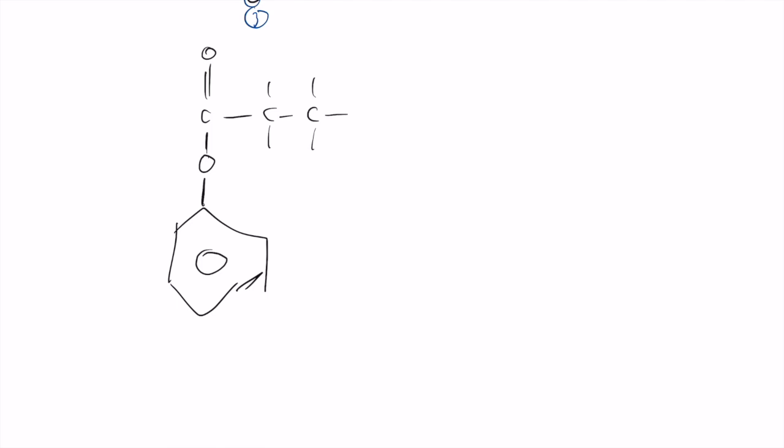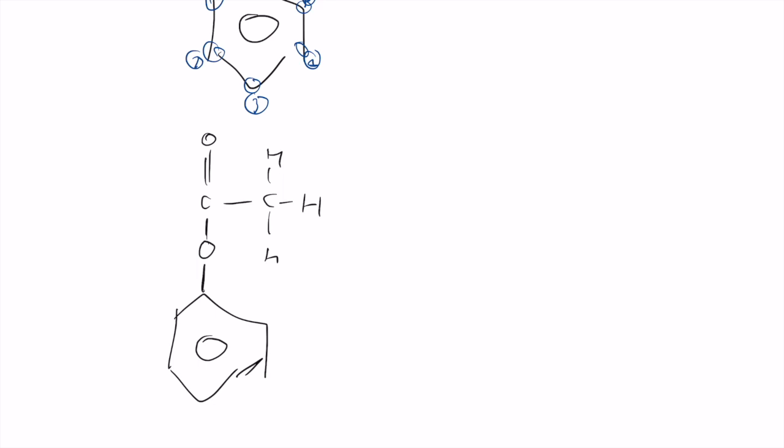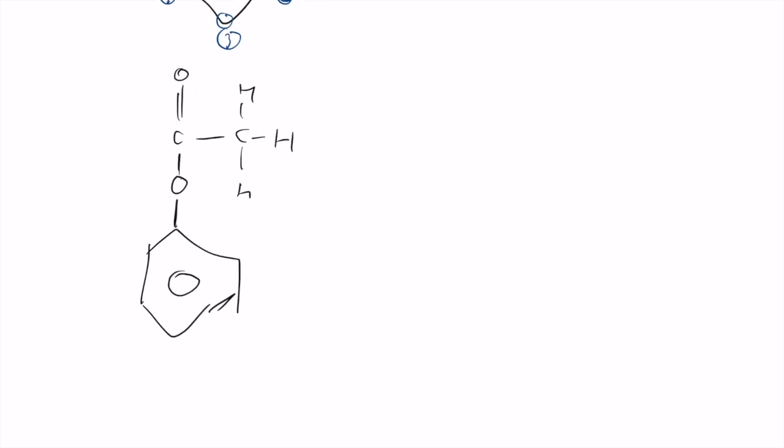Hold on. Let me think about this. 1, 2, 3, 4, 5. 1, 2, 3. Oh, I think I might have drawn an extra C here. That doesn't look right. Okay, let's try this again. We need 8 C's.